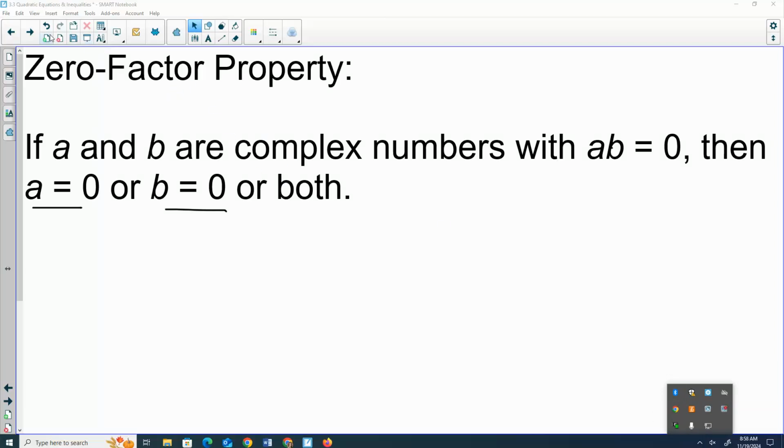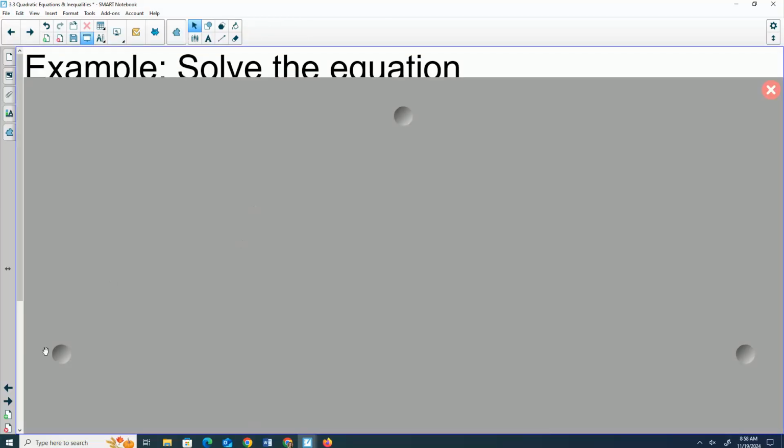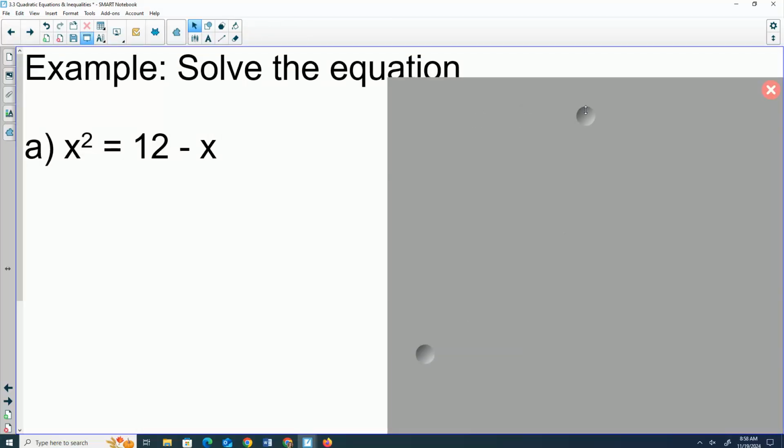So let's solve the problem. If I ask you to solve the equation, x squared equals 12 minus x. We first need to rewrite it so it's written in standard quadratic form, so equal to 0.